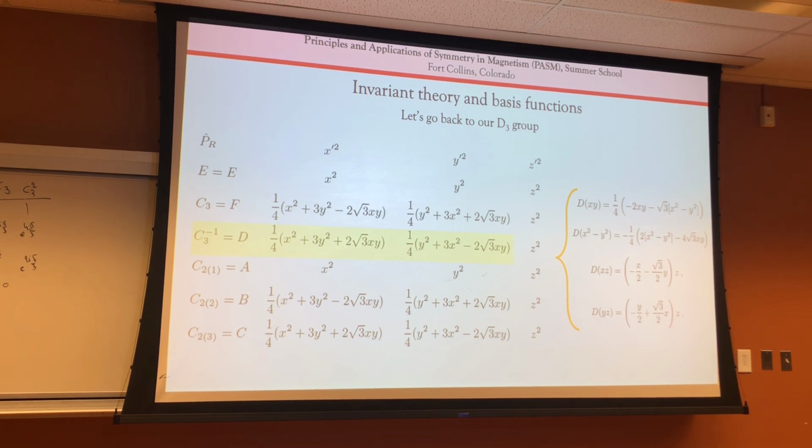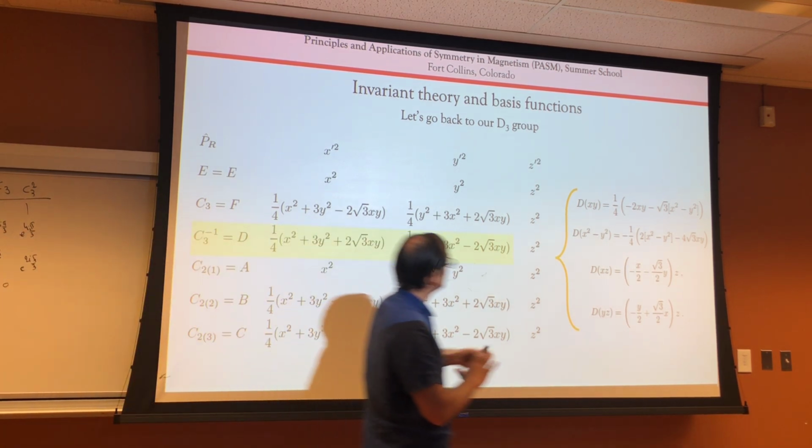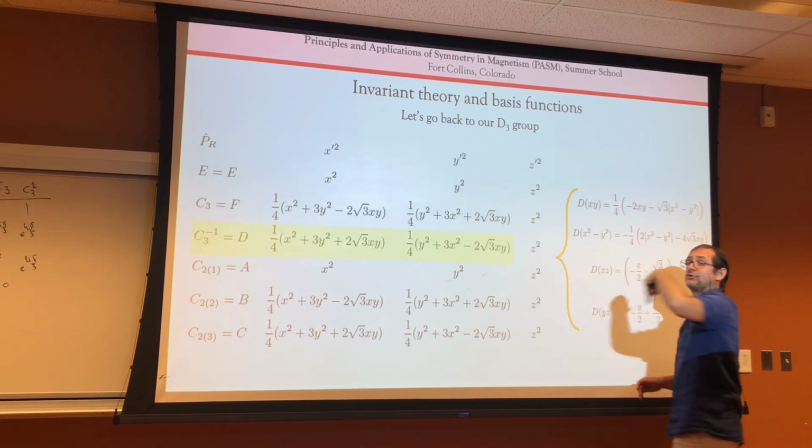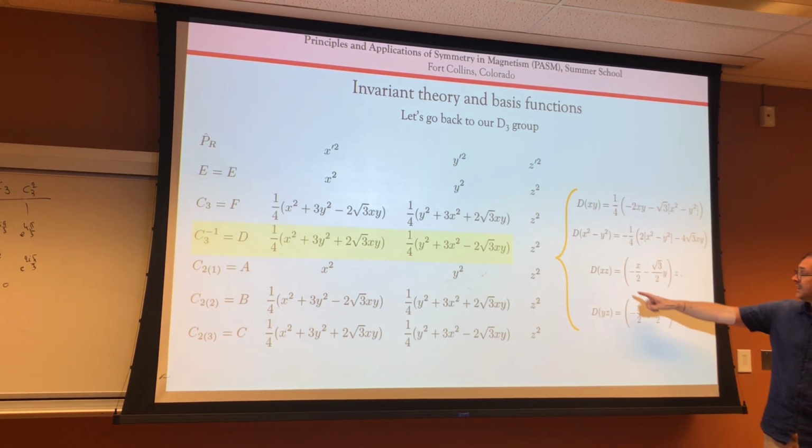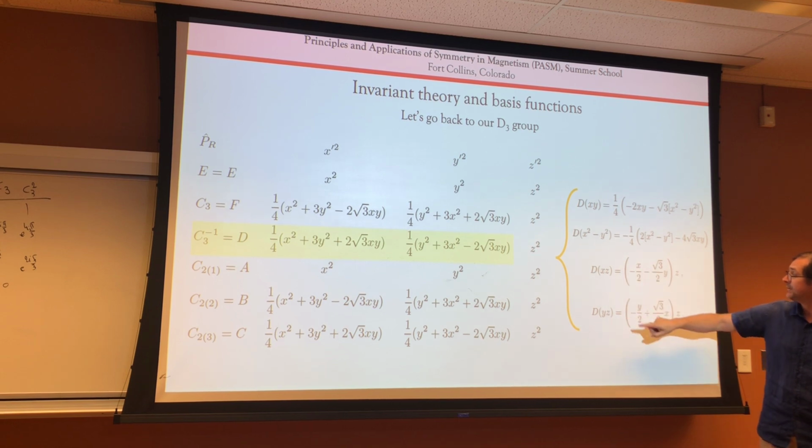The coefficients are different, but this is still the same basis. That's what I care about. Same basis. So basically, this one falls into the gamma 2 representation, and this one, again, gamma 2.